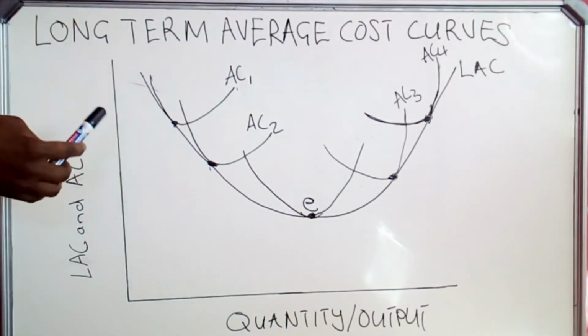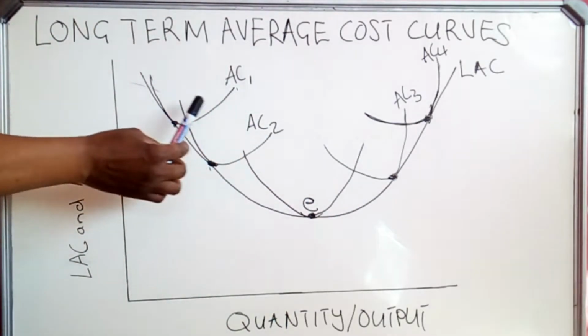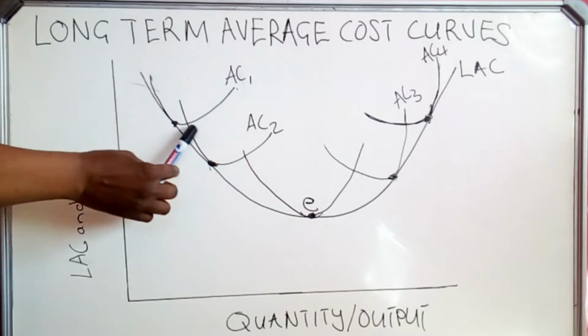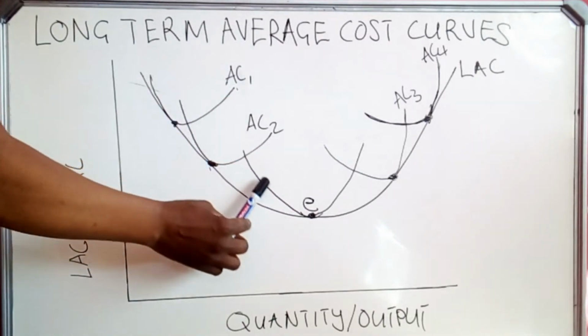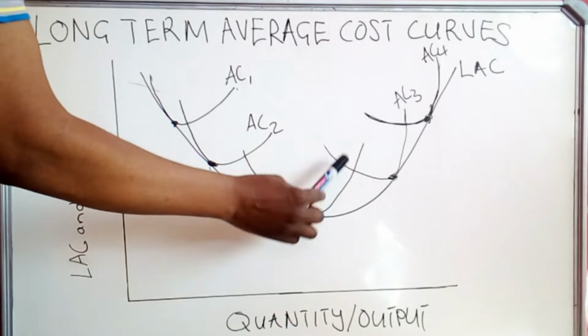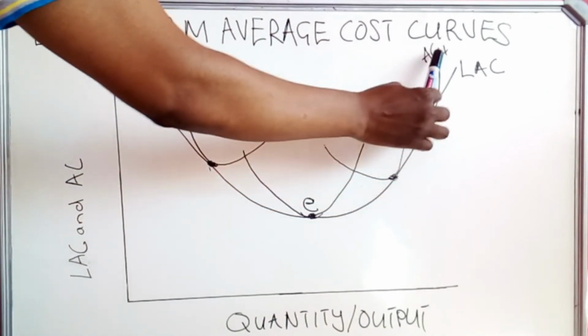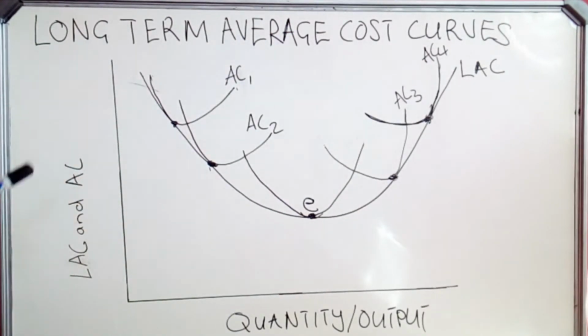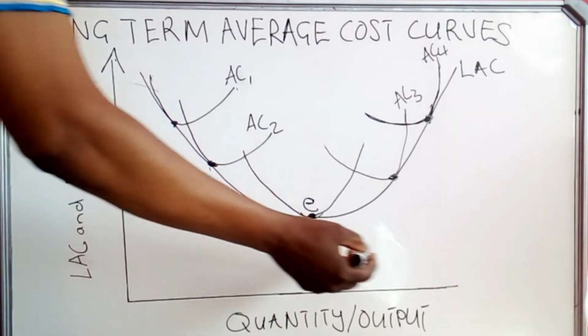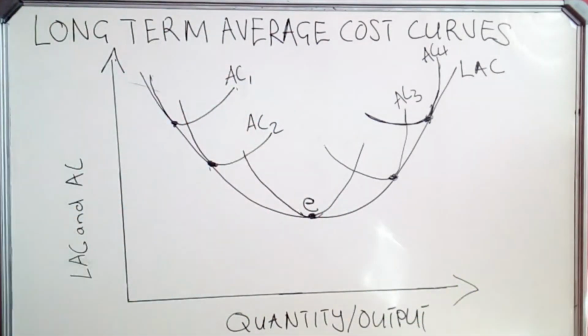Within it you've got average cost 1, average cost 2, average cost E, and then average cost 3 and average cost 4. What you're seeing here are the average costs on the y-axis, and on the x-axis you're seeing the quantity or the output that is produced.